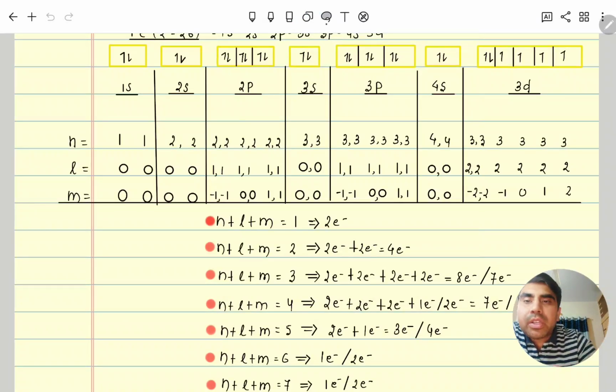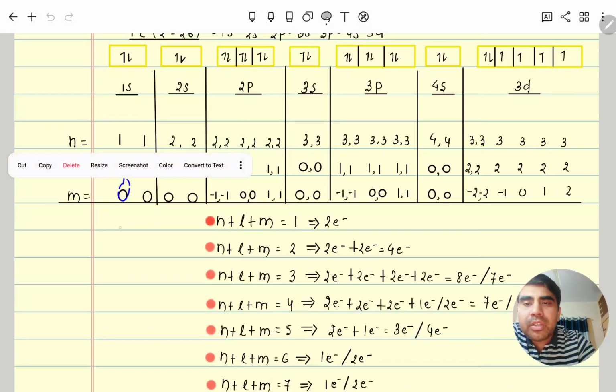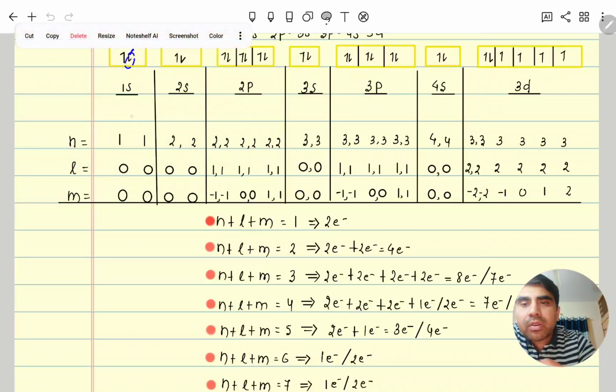For this electron, n value is 1. Since it is s, l value will be 0, and if l value is 0, m value will be 0. Similarly for this electron, n is 1, l is 0, m is 0.